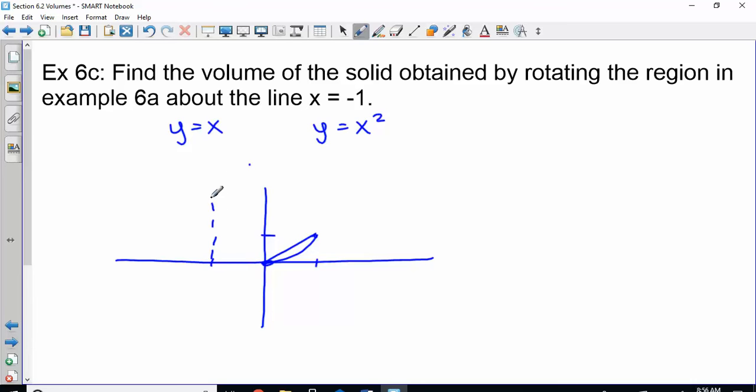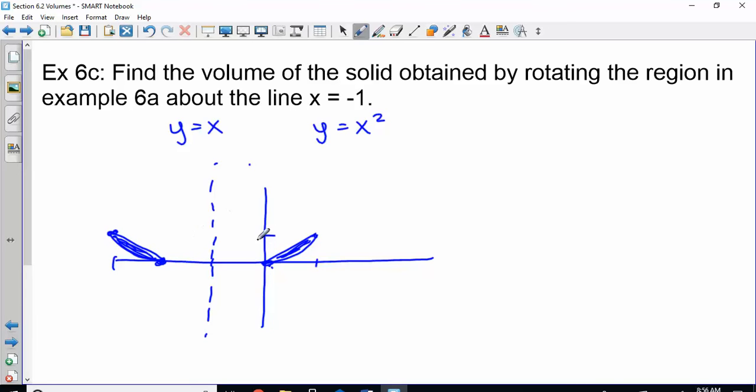Okay, so here's the x equals -1. To draw your picture, first kind of reflect this. This is 1 away from that line, so it'll go 1 the other direction. That's just the reflection.